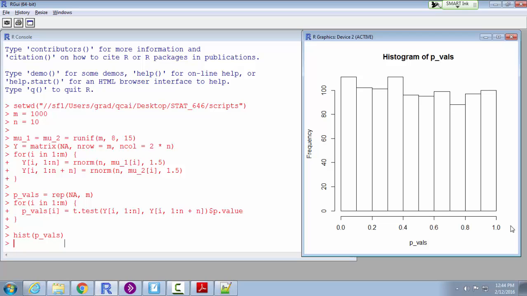So if your p-value threshold is 0.05, for example, and you're trying to control the probability of making a type 1 error at 0.05, you would reject if your p-value is less than 0.05. And what's the probability that you see a p-value less than 0.05 if the null hypothesis is true?